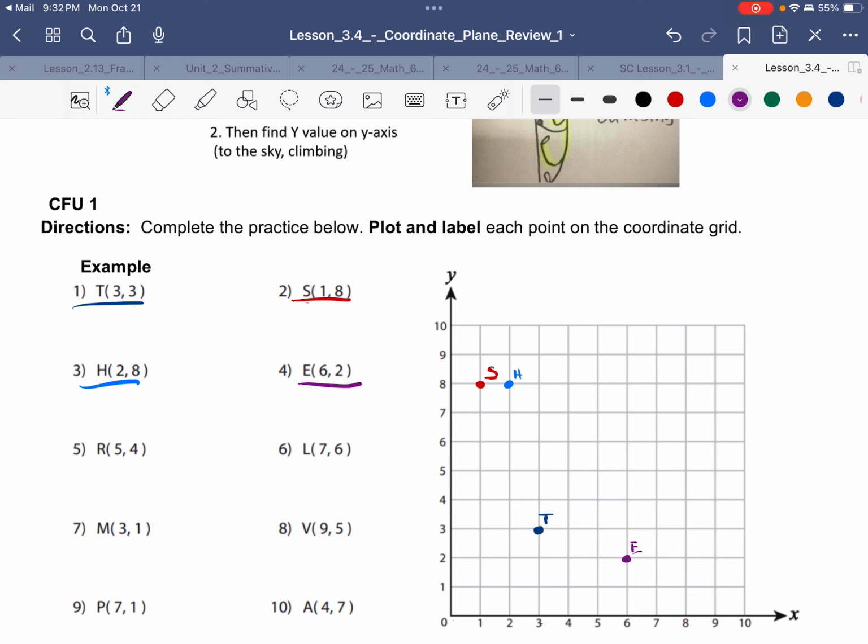I encourage you to pause the video at this point and graph the rest of the points, and then check your work with me. R, 5, 4. L, 7, 6.